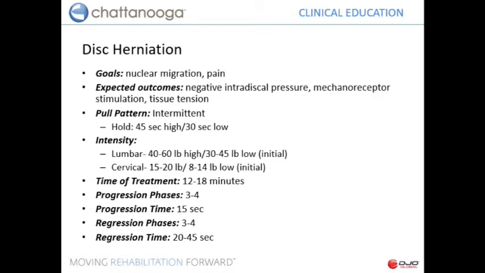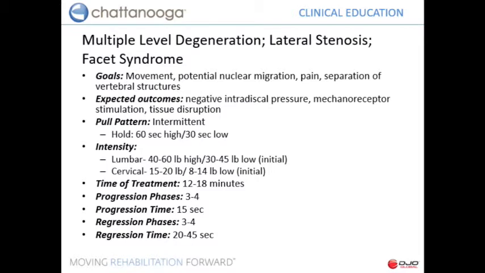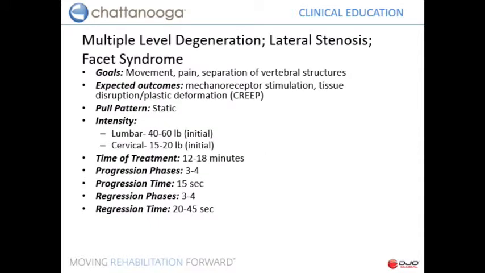That's where we see intermittent. Same thing with multiple levels. Ironically, you look at the literature, and a lot of people have comorbidities, and that's why you see some similarities, and why intermittent traction works really well, because a lot of these people are pretty stagnant. They're not moving around a whole lot. So this is a great way to get motion into those areas.